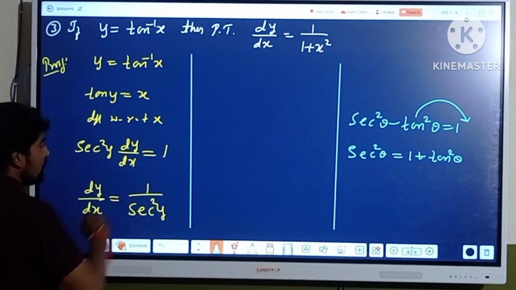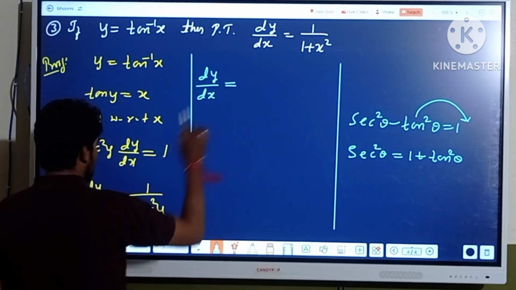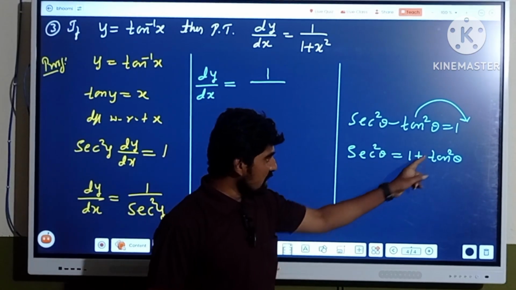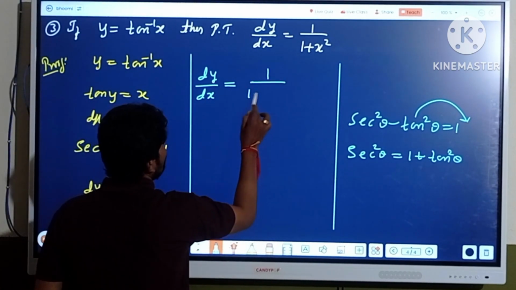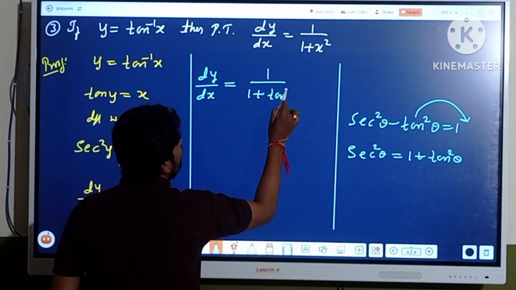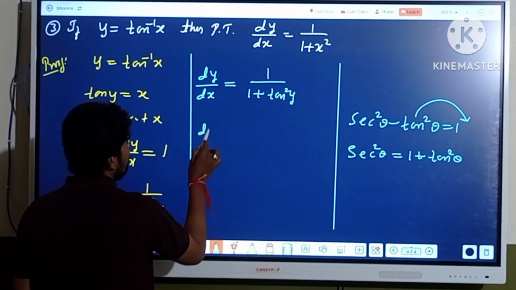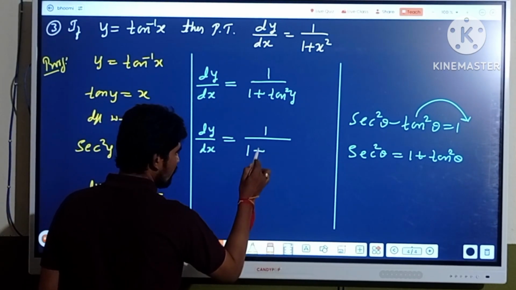So dy by dx can be written as 1 divided by, so you observe here, secant square theta is 1 plus tan square theta. It means secant square y should be equal to 1 plus tan square y. So therefore dy by dx is equal to 1 divided by 1 plus tan square y.